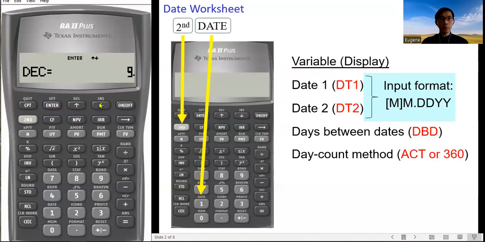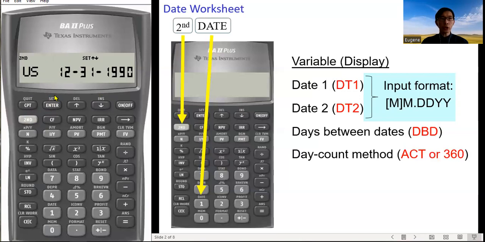So I press the down arrow until I see the date format, which is this one. Here I already have the US format: the month, December, followed by the date, 31st, and then the year 1990. You can change this by pressing the second key and then set.